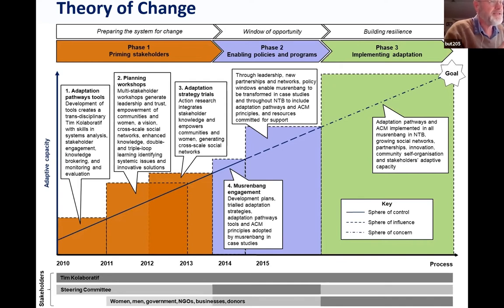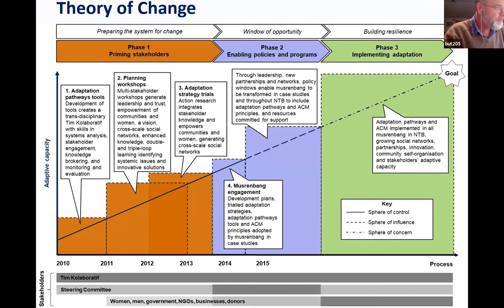And they would also change some of their planning processes to be more reflexive and adaptive as a result of us engaging them. And then the third phase was really about implementing adaptation. That's the green phase. And this is where we would see, in theory, these innovations in adaptation being scaled out to many, many different communities, and also a fundamental change in the way that planning is done, so that it can take climate change into account and future uncertainty into account.